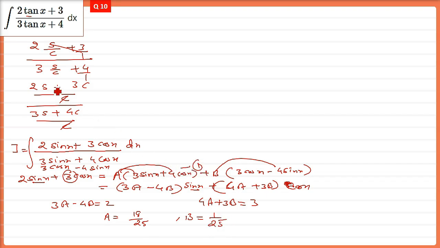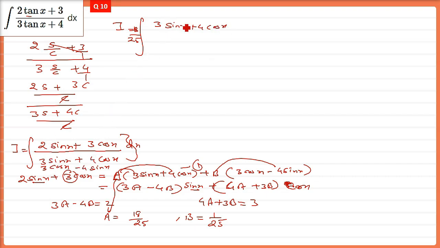Now equation number 1 has to be written, and you can use this equation actually, because (2 tan x plus 3) divided by (3 tan x plus 4) has already been converted into sine and cos form. That we have to utilize. So A is 18 by 25. I'm taking it outside. What is inside? 3 sin x plus 4 cos x, which is the original denominator actually.